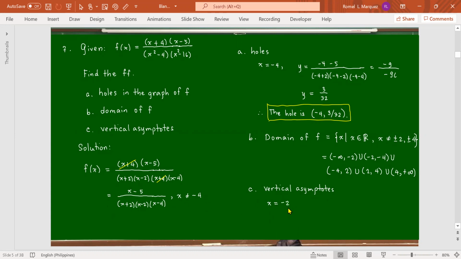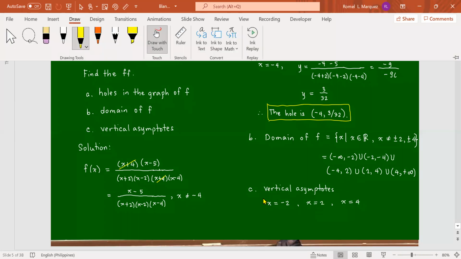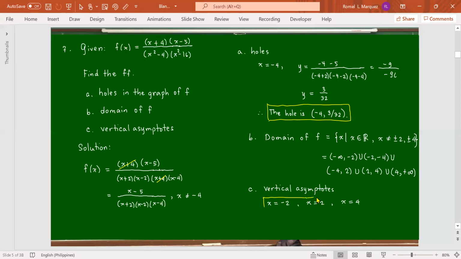So x equals -2 is a vertical asymptote. Another, we have x equals 2. And then we have x equals 4. So these are the 3 vertical asymptotes. There are 3 vertical asymptotes.